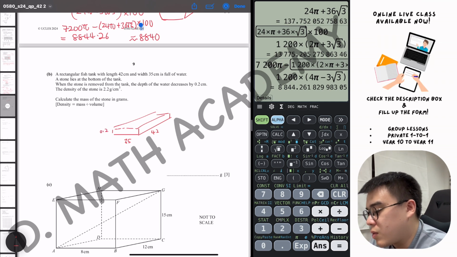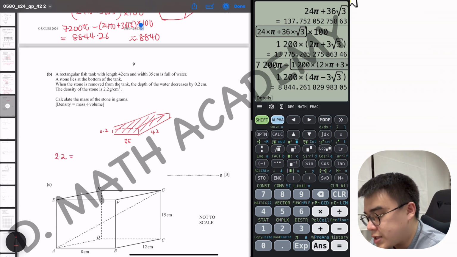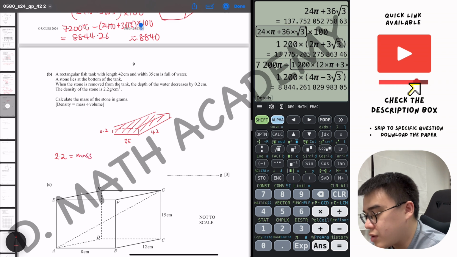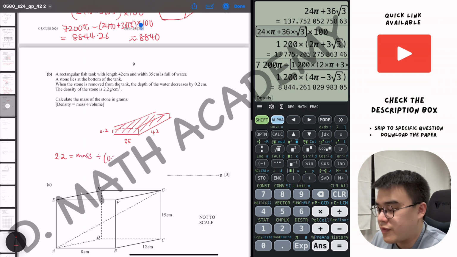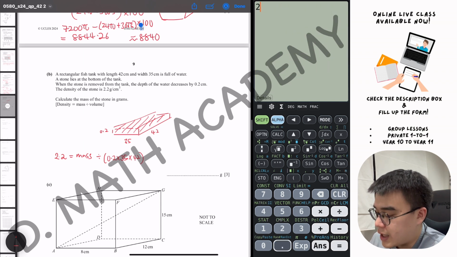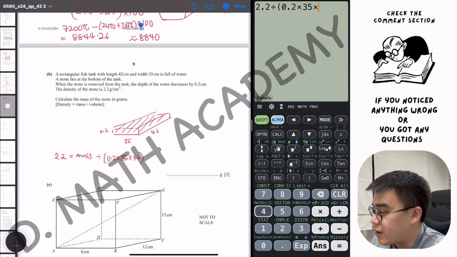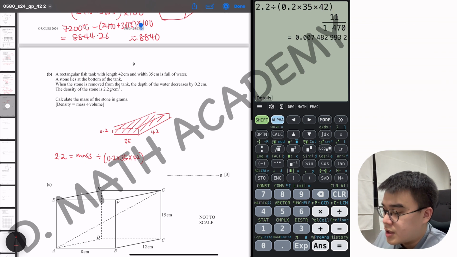This is the volume of the stone. So density is 2.2 equals mass divided by volume, which is 0.2 times 35 times 42.